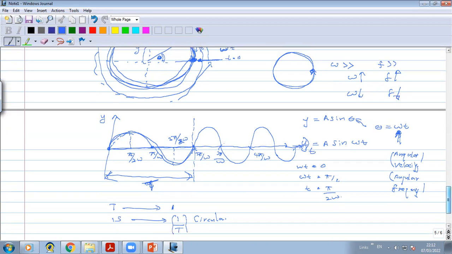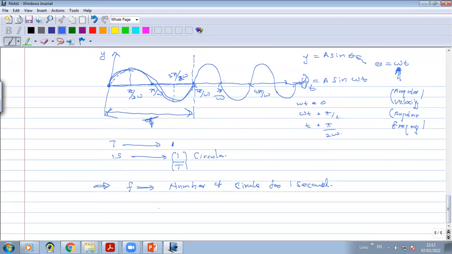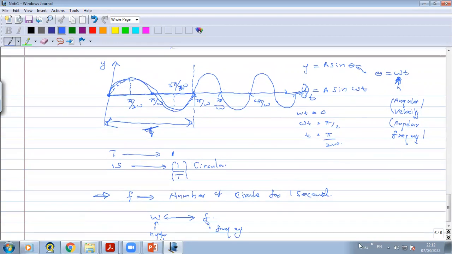So we can get a direct relationship between this omega and f. Omega is angular velocity or angular frequency, and f is frequency. So what is the relation?